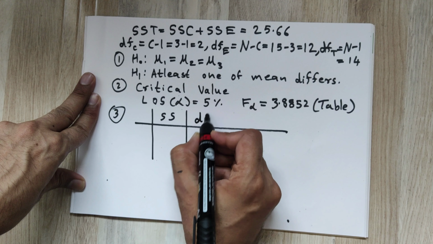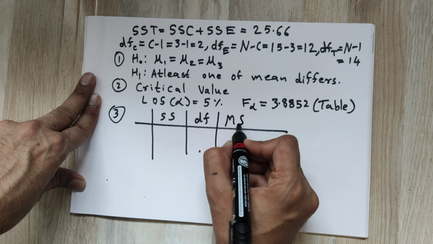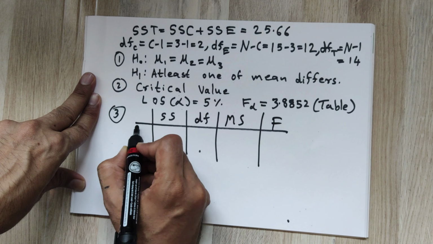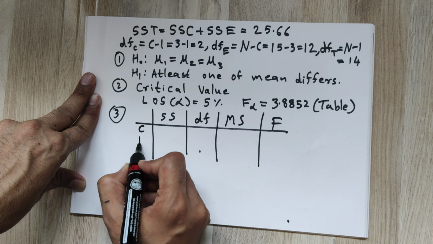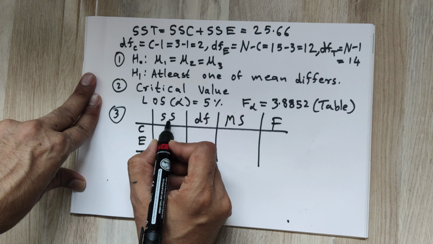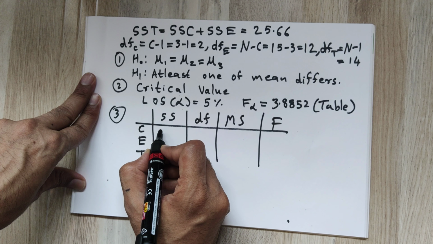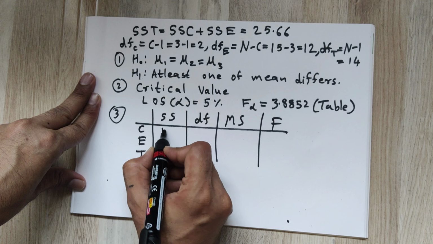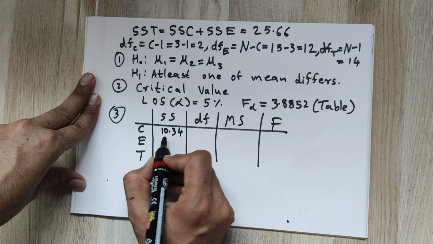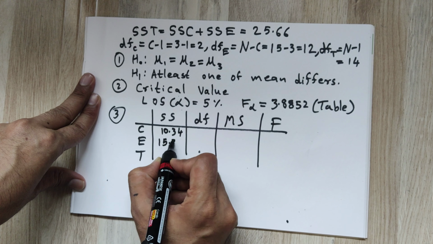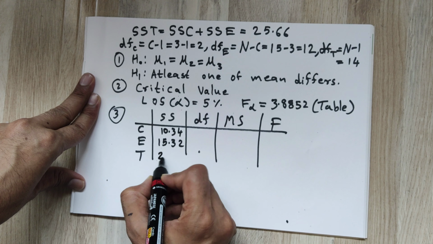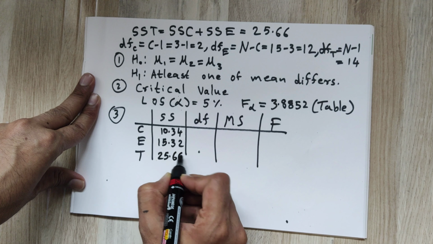So we have sum of squares, degrees of freedom, mean sum of squares and F value for columns, error and total. So the SS value for column we have already calculated. It is 10.34. For error it is 15.32 and total is 25.66.